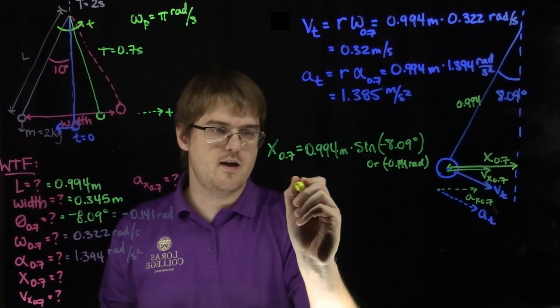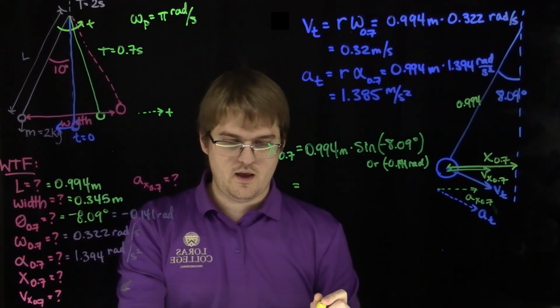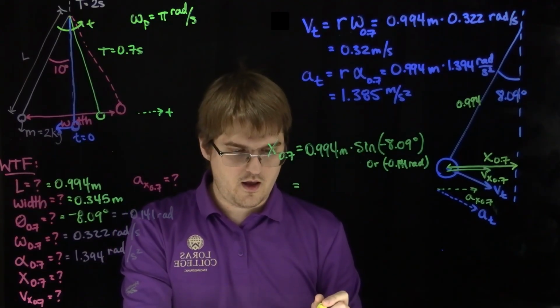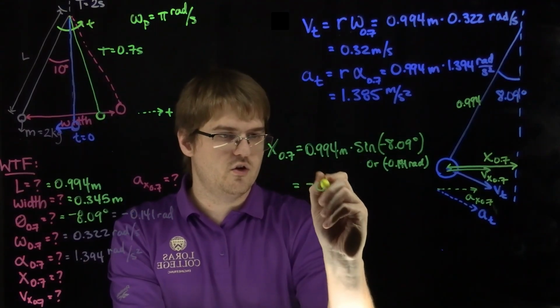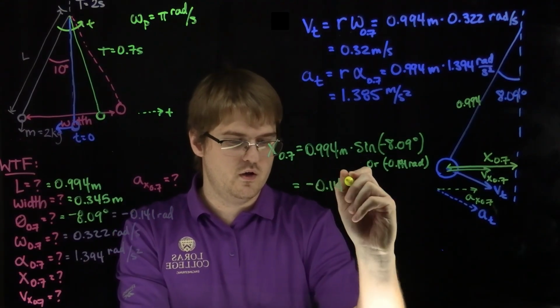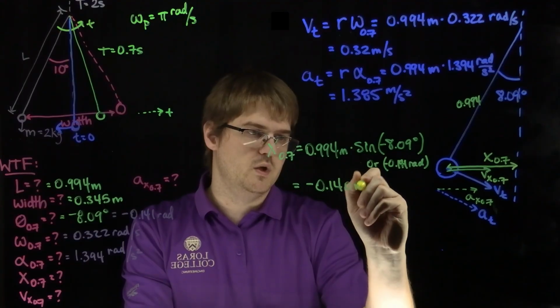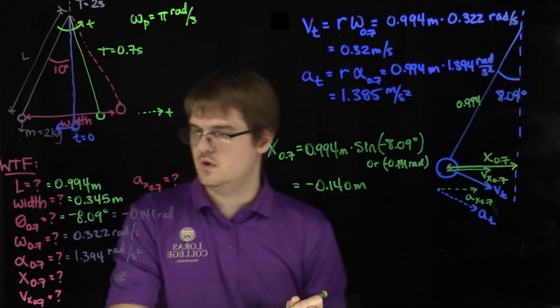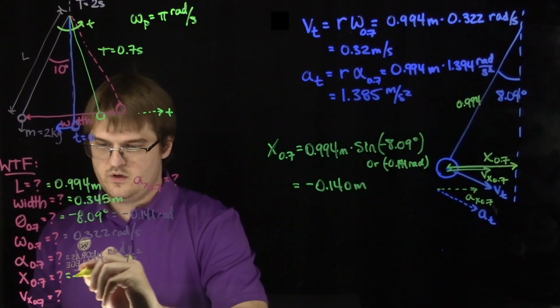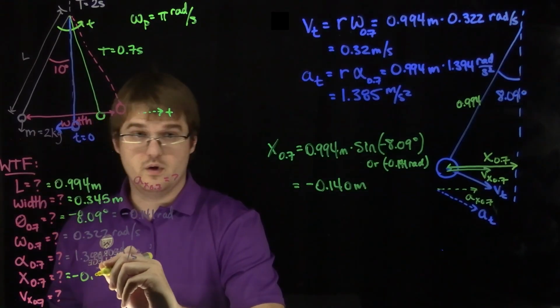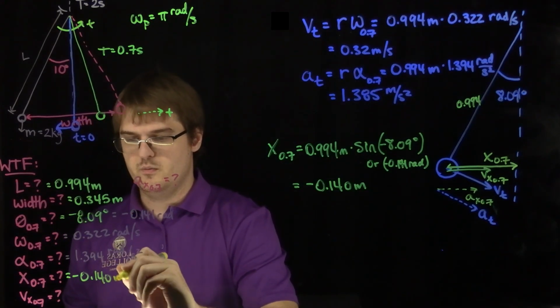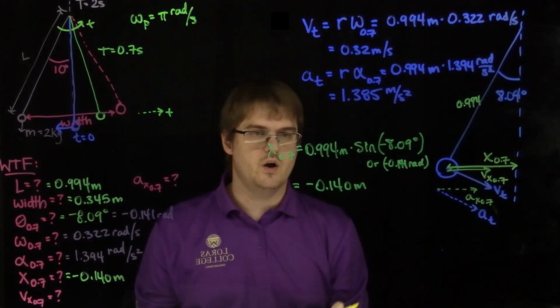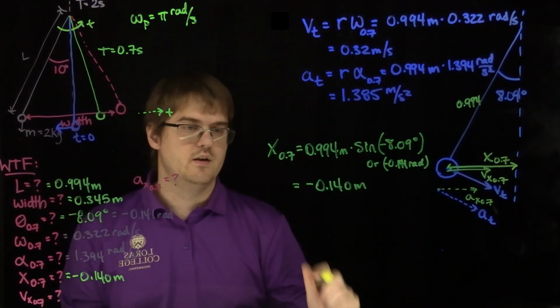So this comes out to a total x of negative 0.140 meters. So negative 0.140 meters is the distance we are away from the center there.